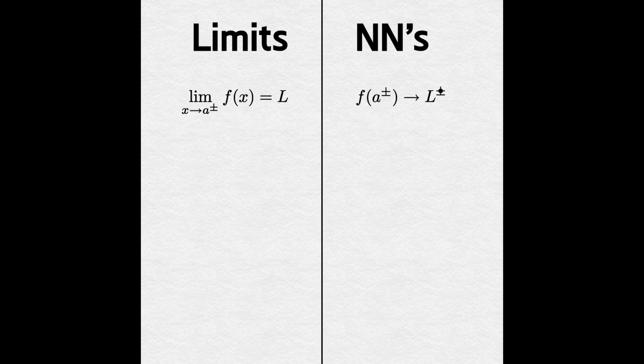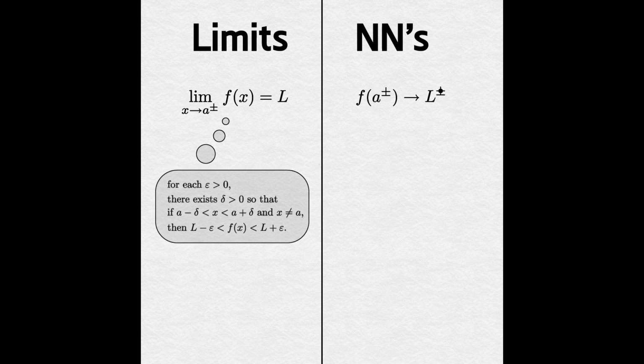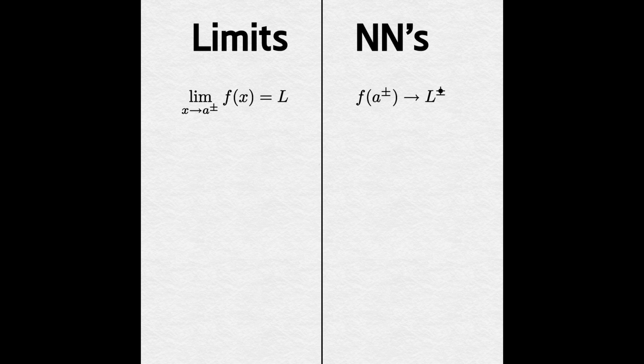Limit notation, in addition to using an equal sign when nothing involved actually needs to equal L, and the problem that limits don't always exist, has a more substantial flaw. It forces all of the logic of this statement into a single rather cumbersome definition. In contrast, the statement that f of a plus minus fits into L plus minus dot works in a much more structured fashion. The near number a plus minus has a very specific meaning in and of itself.